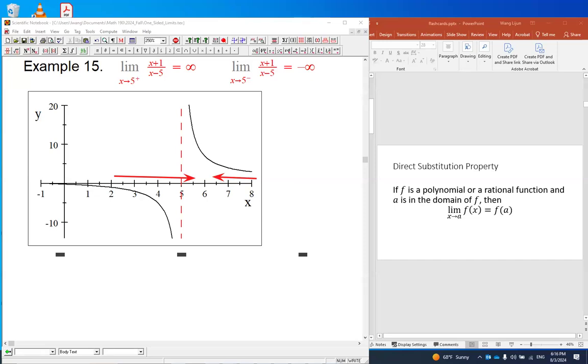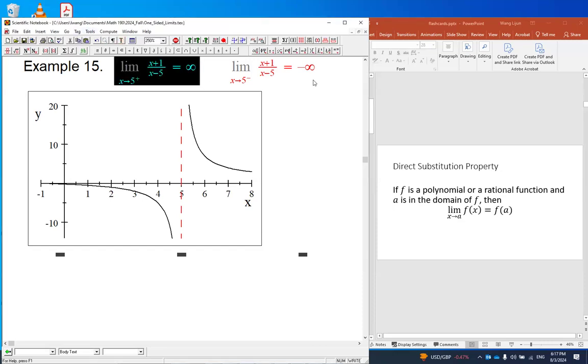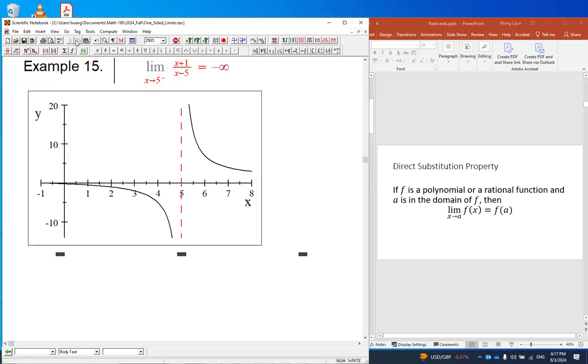Here I'm going to write up a couple of things to show you. I'm going to switch places so you can see the correspondence better. I'm going to switch to this piece because this is approaching from right, and this is approaching from right.